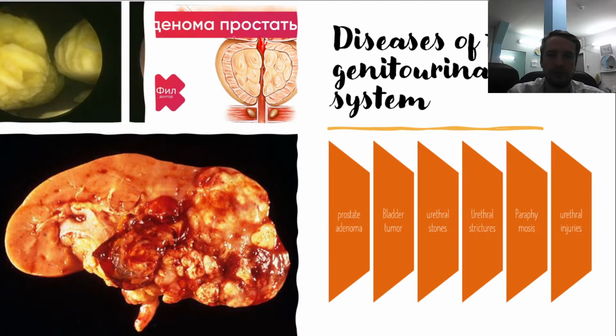A bladder tumor will also compress the urethra. Urethral stones, strictures and paraphimosis will compress the urethra too, and urethral injuries as well. You need to understand that most often it's a pathology of the urethra.